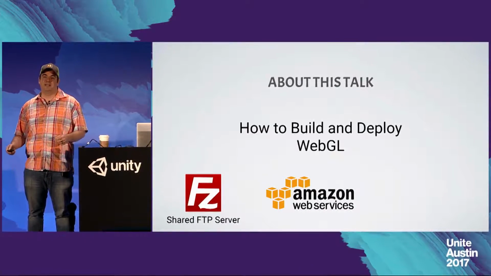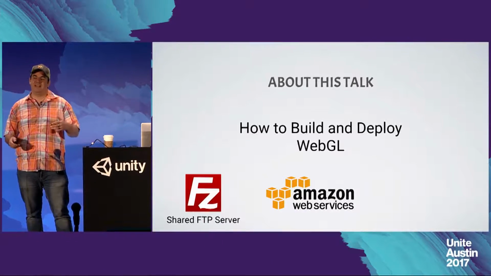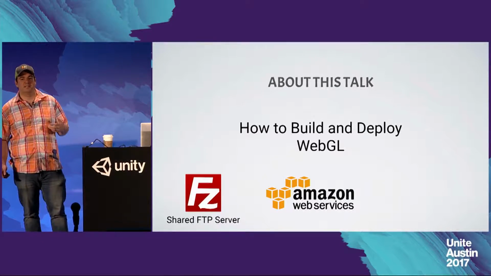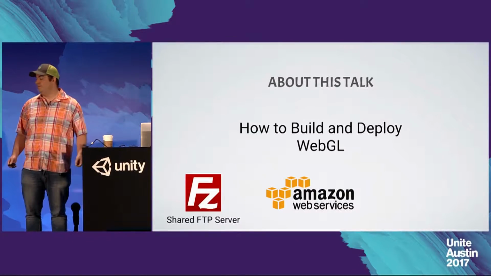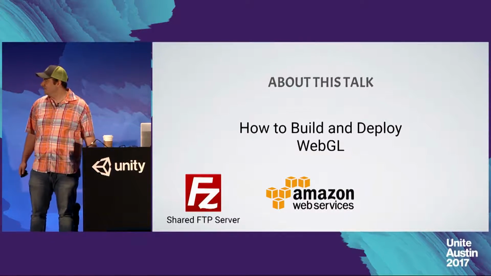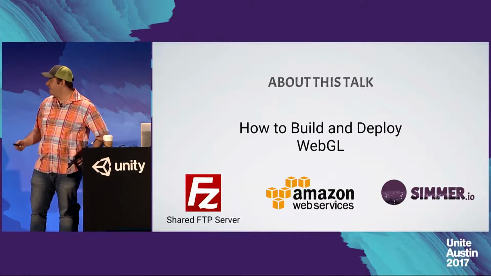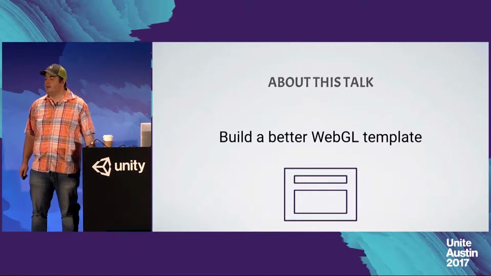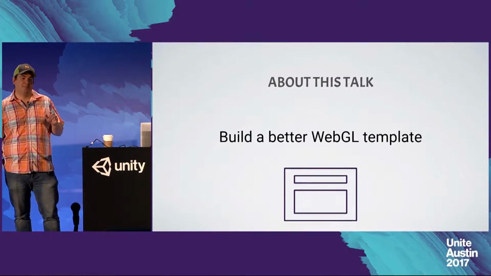So this is like the absolute major thing that any web developer uses. There's a bunch of other cloud services like Microsoft Azure and Google Cloud, but Amazon is the big boy, big girl of the group. And then, of course, Simmer.io, and I'll show you how to do the drag and drop deploy to there. We'll talk about how to take the Unity WebGL template and make it better.